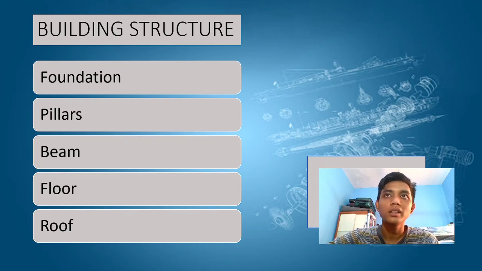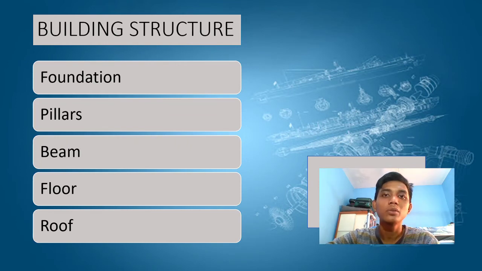In this project, there are several types of layers to create the floor, including the solid foundation, which is the bottom layer, then the concrete layer, the second layer, then the screed layer, that is the third layer, and lastly we have the finishing layer, which is the top layer.